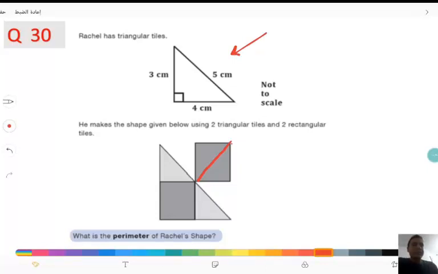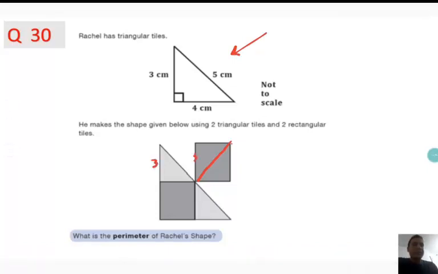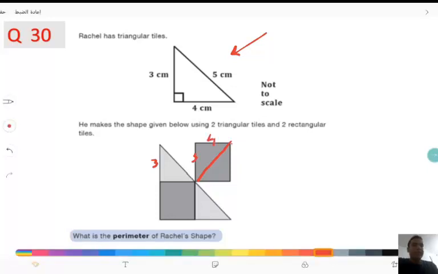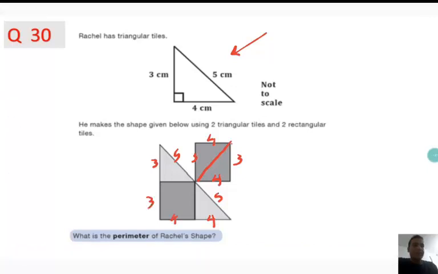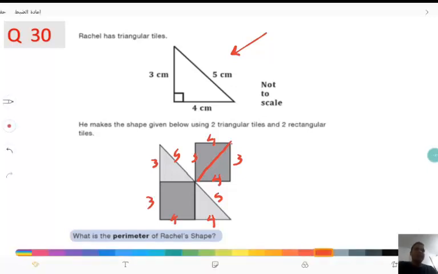That means this one is 3 centimeters, 3 centimeters, and this one 4, and here 3 centimeters and 4 centimeters. This one is 5, this one is 5, and 4, 4, and 3. These are the dimensions of the outline of the shape.